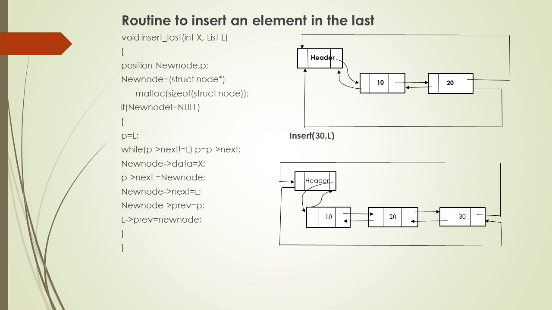New node data is equal to x, P next is new node. New node next is equal to L, new node previous is equal to P, L previous is equal to new node. Now we are inserting the 30th element in the last node.